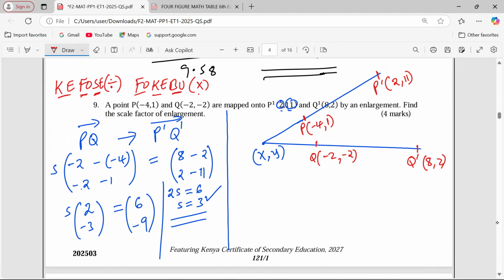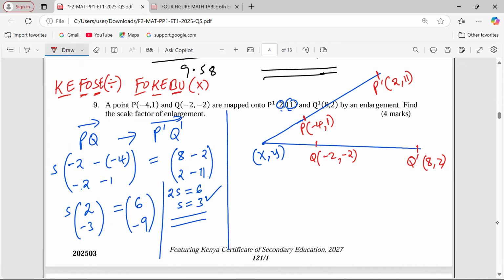Now, we can use several concepts here to find the coordinate of the center. One, we can tell ourselves that there is a line which is called PP prime. That line is meeting another line, QQ prime, at x, y. So we've used the concept of straight lines, then we calculate what we call the point of intersection.